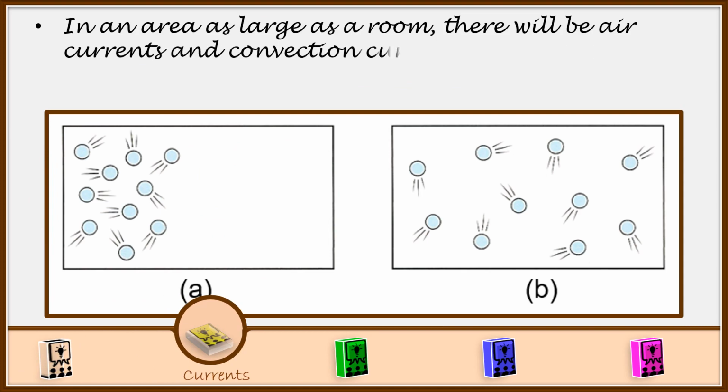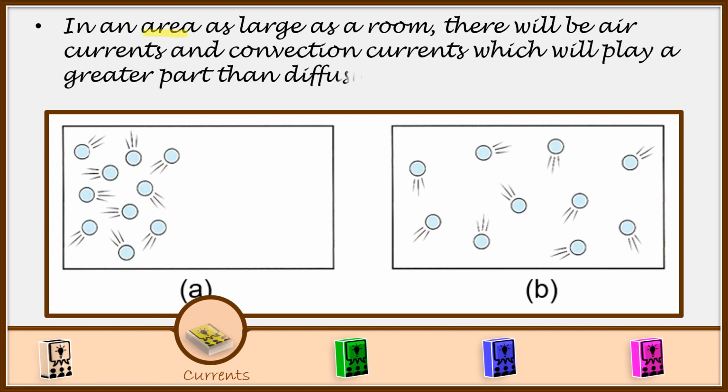In an area as large as a room, there will be air currents and convection currents which will play a greater part than diffusion. So sometimes we may have air currents.